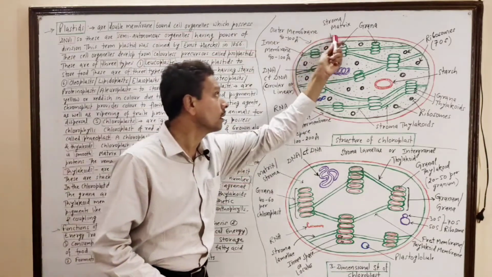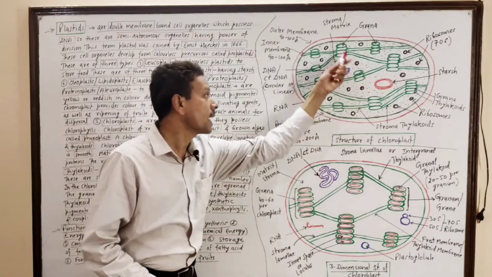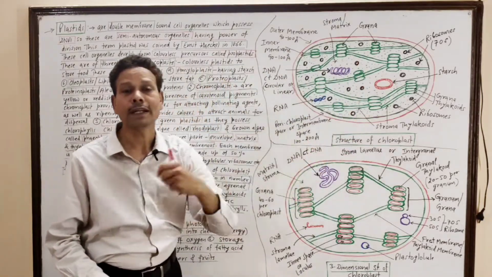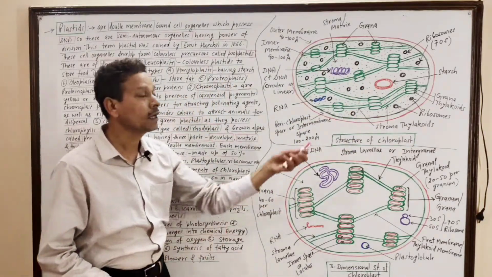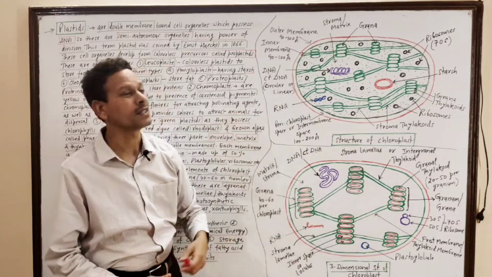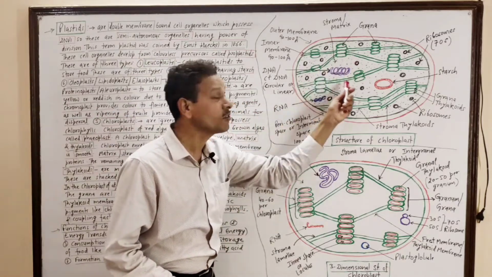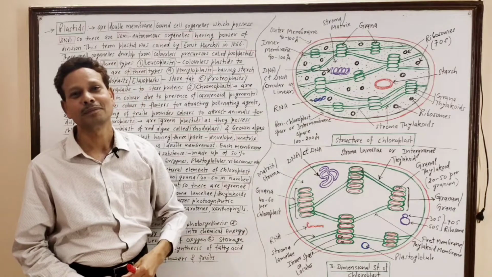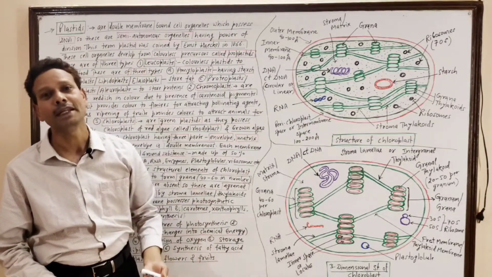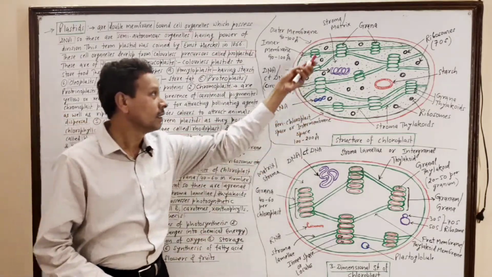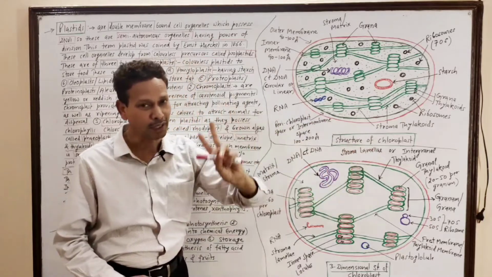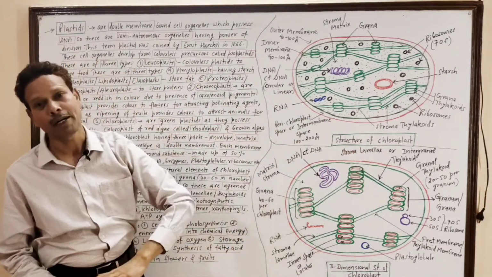One is envelope, second is ground substance or matrix, and third component of chloroplast, these membranous structures which are named thylakoids or lamellae. Chloroplast, green plastid, having three parts.